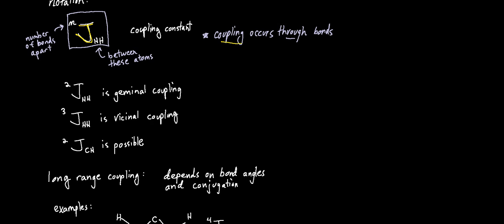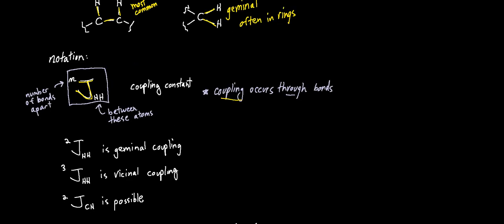And as you see, coupling occurs between bonds. So this notation, coupling constant, 2 bonds apart, 2 protons, that's the same as our geminal coupling example up here. 1, 2 bonds. 3 bond coupling is like our vicinal, 1, 2, 3 bonds.